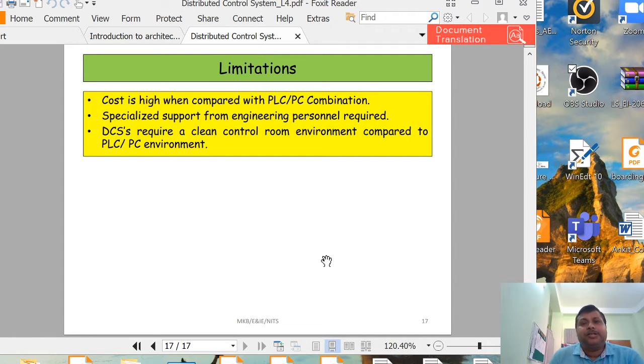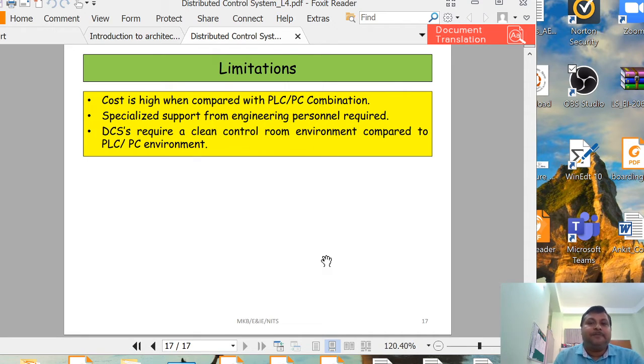In the lectures 1, 2, 3, and 4 we have devoted ourselves to understanding the advantages and disadvantages of DCS, also how the DCS is functionally distributed and physically distributed, and then we have understood the architecture of DCS. And now we have also understood how automation is achieved in DCS, because a hierarchy of control also exists in the DCS.